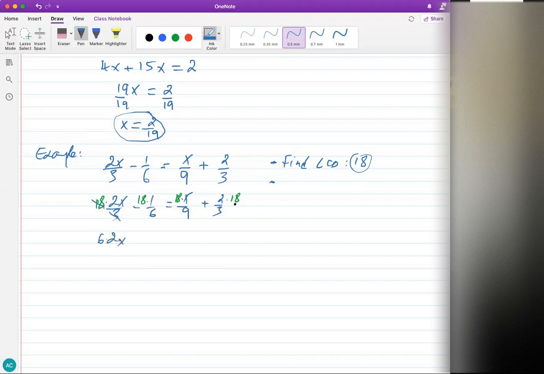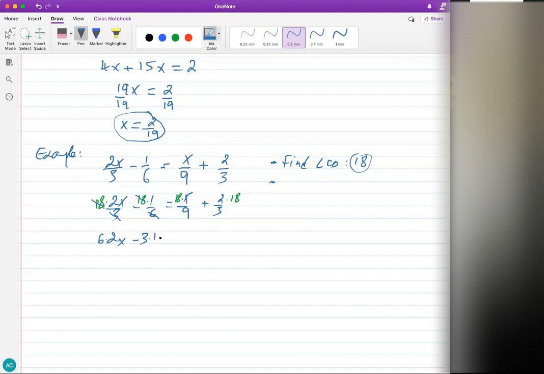And you do the same thing for the rest of them. As you can see, the fraction is gone because we divided this by the LCD. Before multiplying, it's probably easier. If you multiply and then divide, it might get a bit complex, but divide first. And what do you get here for the second one? If you divide, again, we need to divide this way, simplify. 18 by 3 by 6, that's 3.